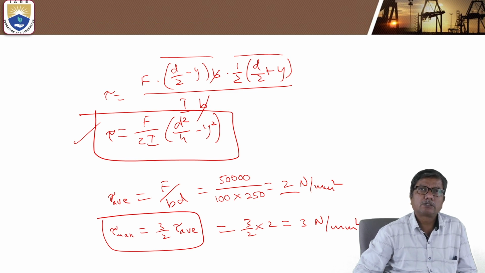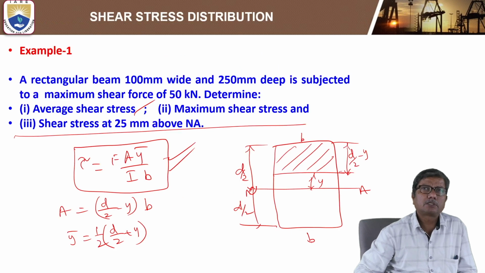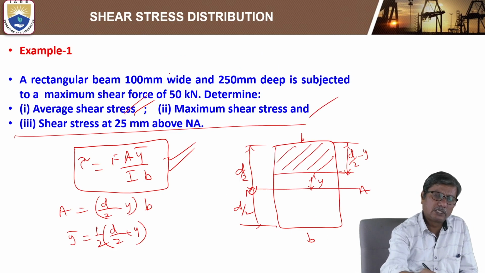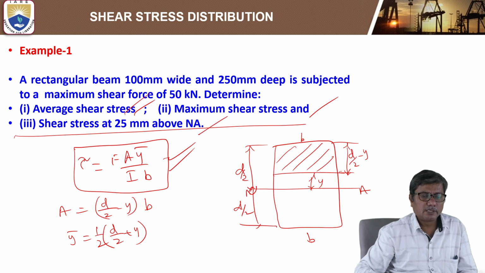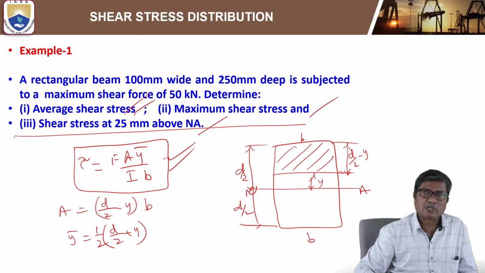Now coming to the third part of the problem. The first part is average shear stress, the second part is maximum shear stress, and the third part is shear stress at any distance from the neutral axis, at 25 mm from the neutral axis.